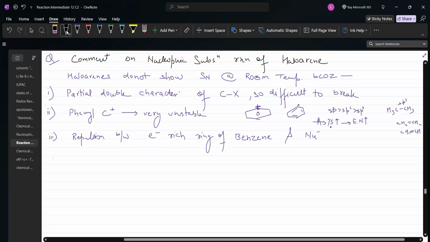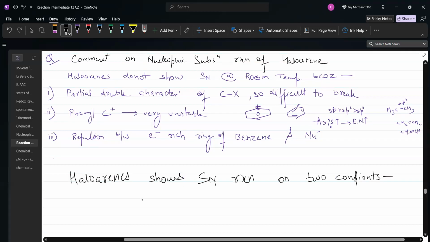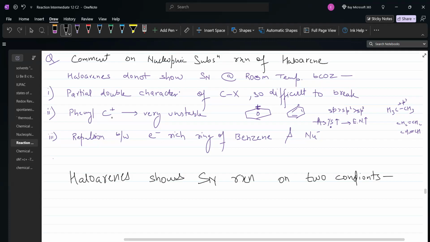But we are going to study haloarenes, which show nucleophilic substitution reaction on two conditions. There are special conditions in which haloarenes will show SN reaction. These points which we are studying, this is not possible in normal conditions.